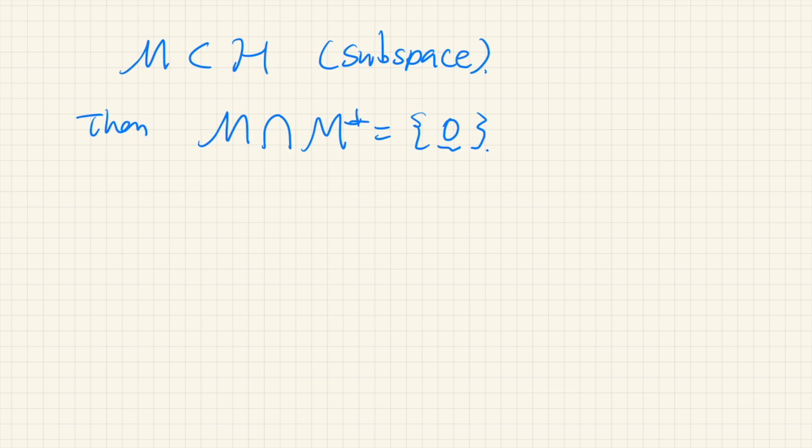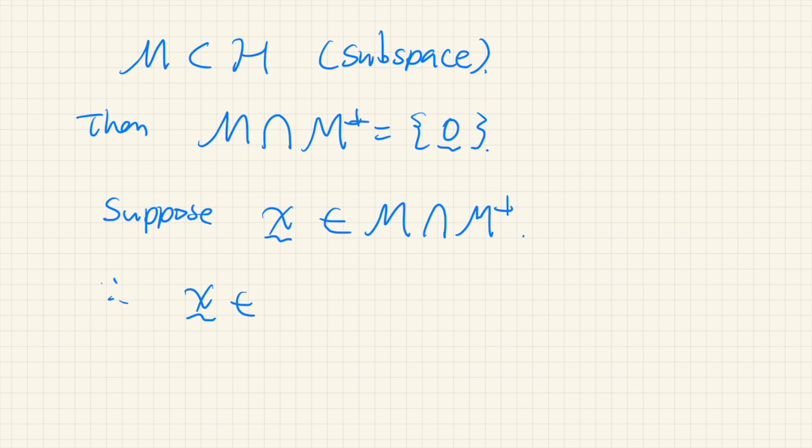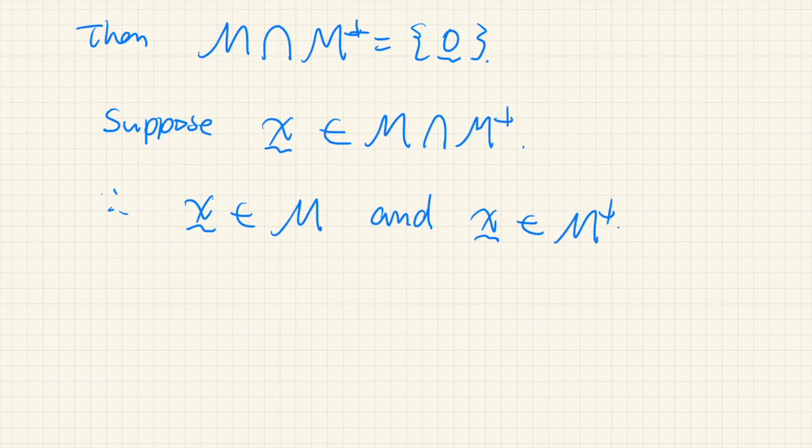So let's show this. Suppose X belongs to this intersection, M cap M complement. Then X belongs to M and X belongs to M complement. So that means the inner product between X and X should be equal to 0.